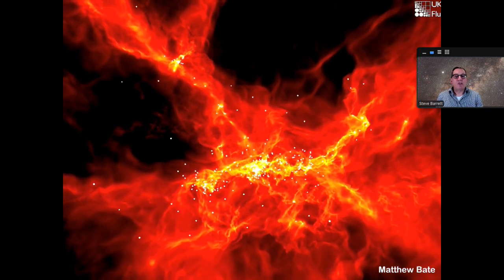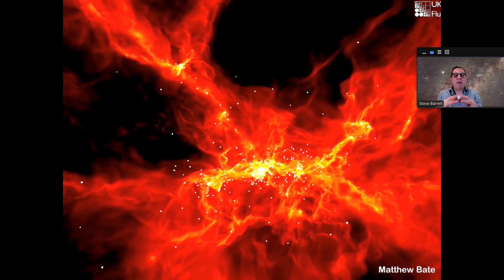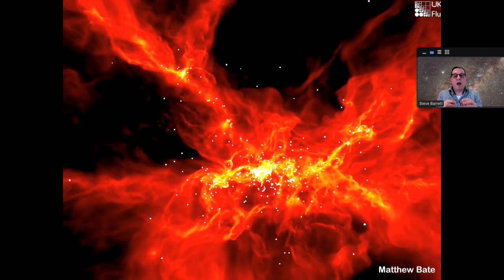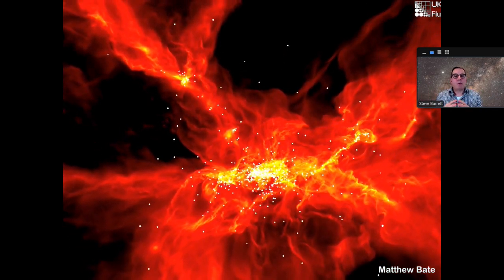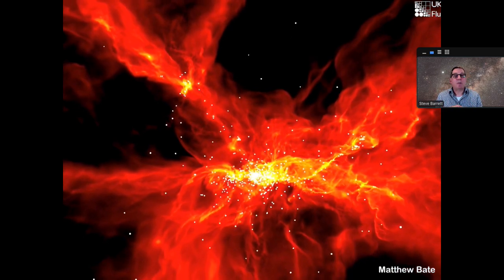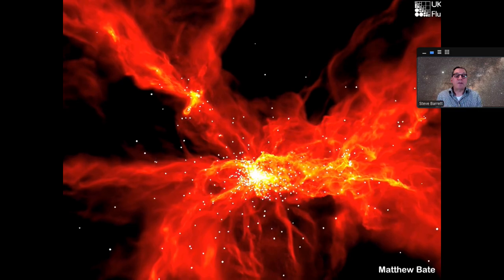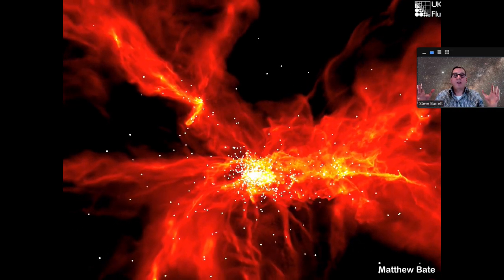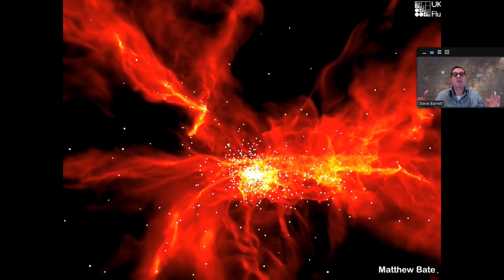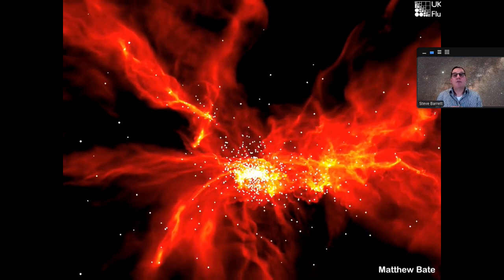You can see that some of those stars simply remain close to where they're born. Other stars might get thrown out of this particular cluster. Notice that we started with enough hydrogen not to just make a few stars. We started with enough hydrogen, perhaps a few light years across, to make many thousands of stars.